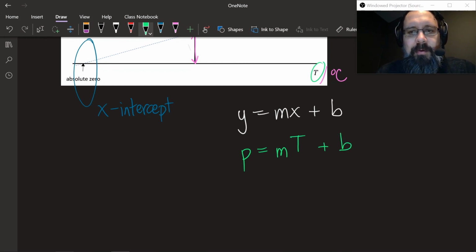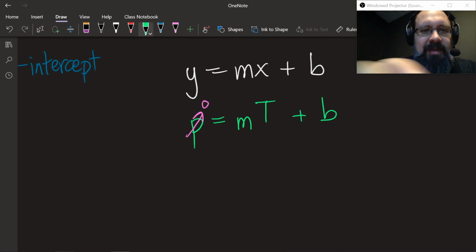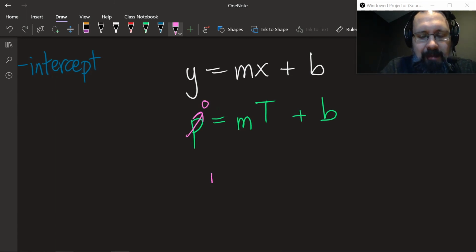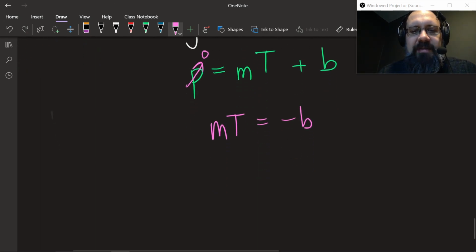We also know that we'll have absolute zero when the pressure goes to zero. So we could rearrange this equation and it will be mT equals negative b. I'm just going to take the b and subtract it to the other side. Now we're solving this for the temperature.